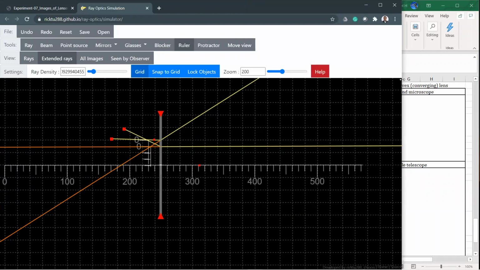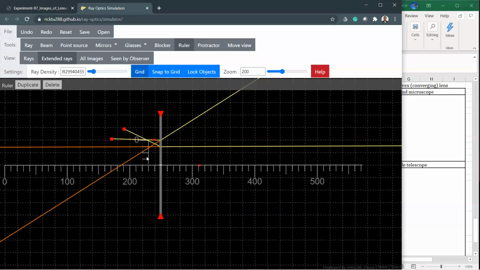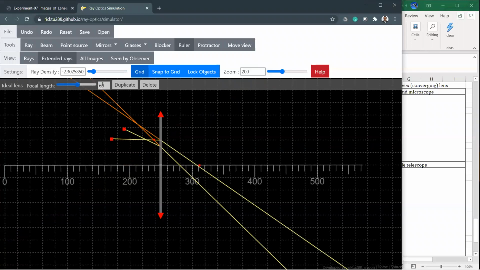Two important applications are the microscope and the telescope, right? To do that, we need to get rid of the objects here, and the lenses should in that case always be converging type lenses. Okay, converging type lenses. And I need two lenses, right?